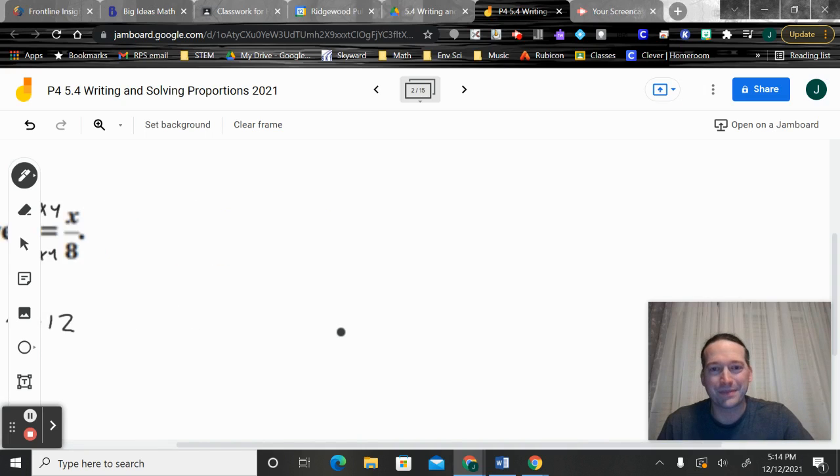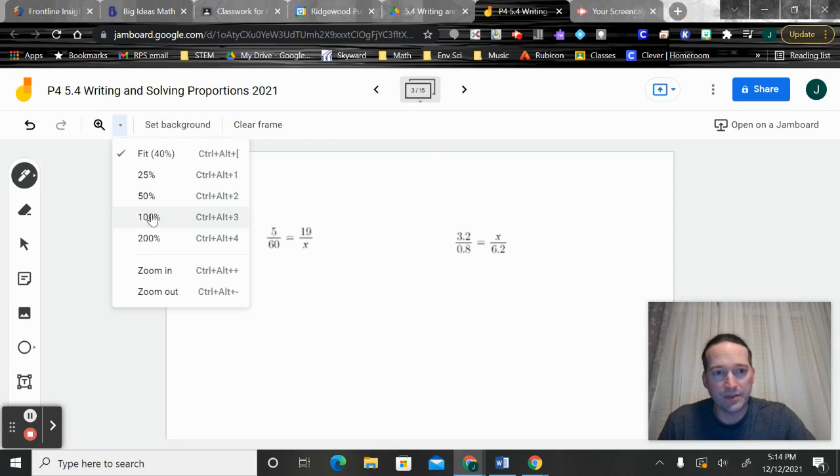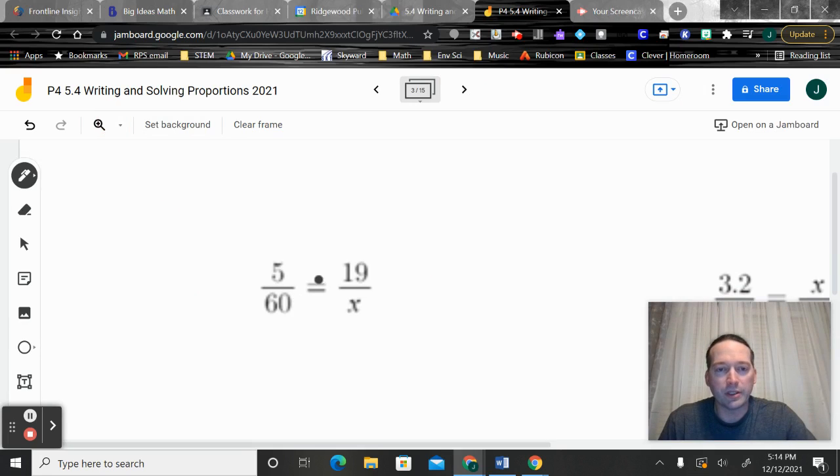Not that hard. But sometimes you don't always look across. Going from 5 to 19, while it is 3.8, most of you could figure that out. Sometimes it's just a lot easier to look at the relationship between the numerator and denominator. So if you notice, 60 is 12 times bigger than 5, which means that x down here must also be 12 times 19.